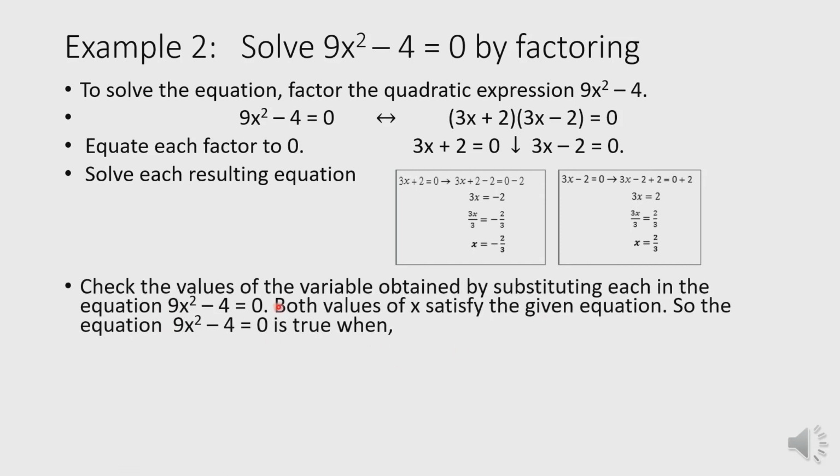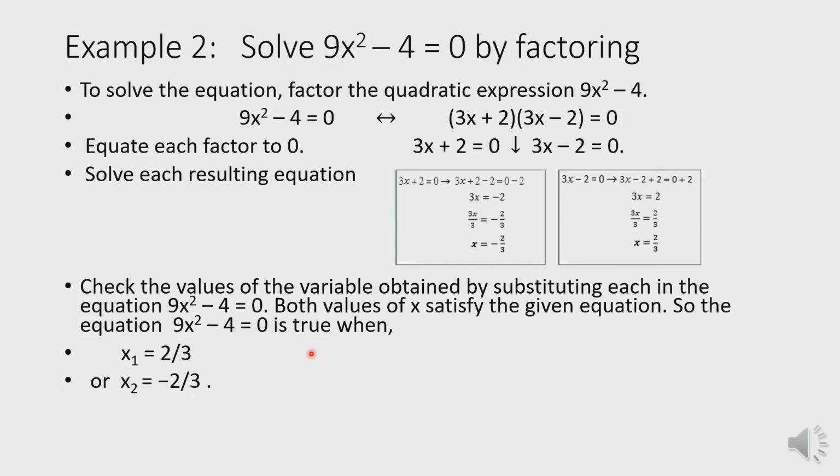Then check the values of the variable obtained by substituting each in the equation 9x squared minus 4 is equal to 0. Both values of x satisfy the given equation. So the equation 9x squared minus 4 is equal to 0 is true when x sub 1 is equal to 2/3 and the other one is x sub 2 is equal to negative 2/3.